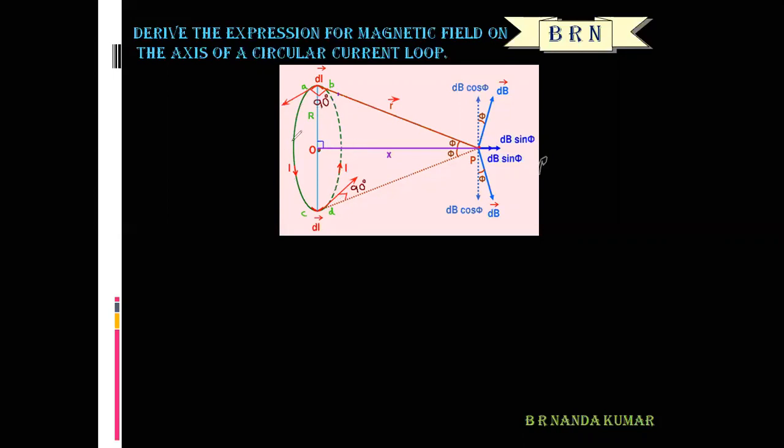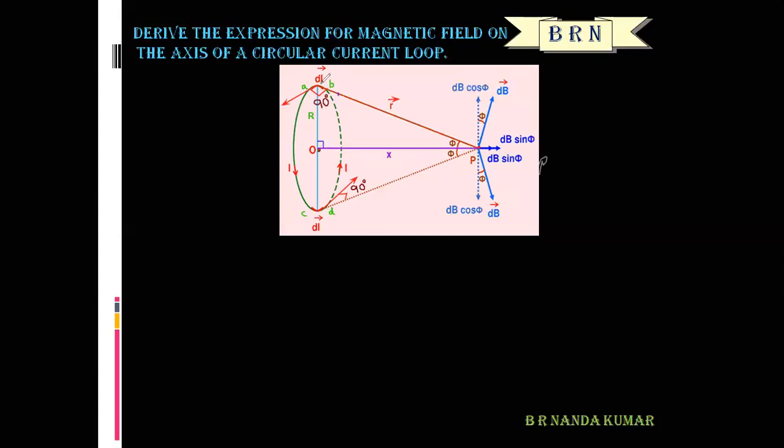Here current is flowing in the anti-clockwise direction, and this is the axis of the current loop. Capital R is the radius of the current loop. P is the observation point, where we have to calculate the magnetic field due to the circular current loop.